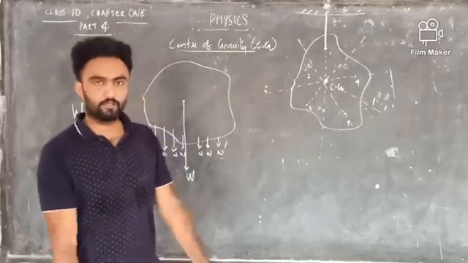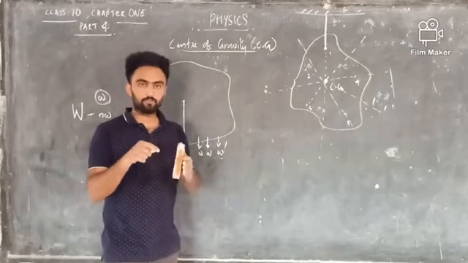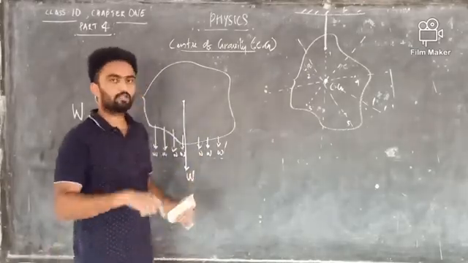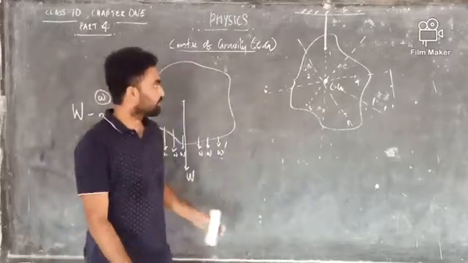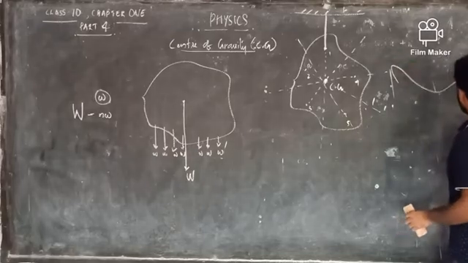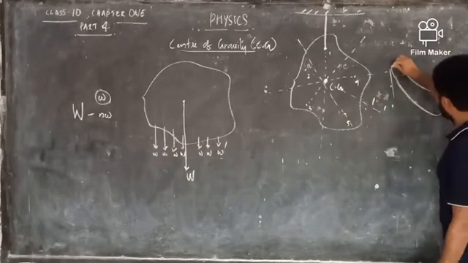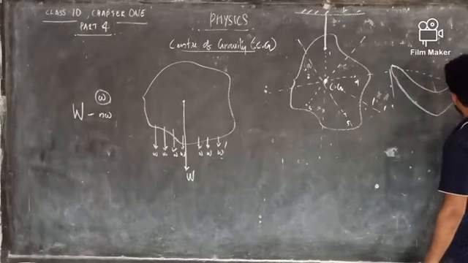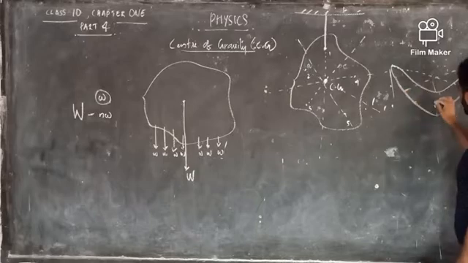Or take the case of a ring. In the case of a ring, the center of gravity is inside that particular ring, which means the center, because the center will be the point at which the whole weight of the body is concentrated. In the case of a boomerang, for example, L shape, from this point we can consider a median like this, and from this point like this.